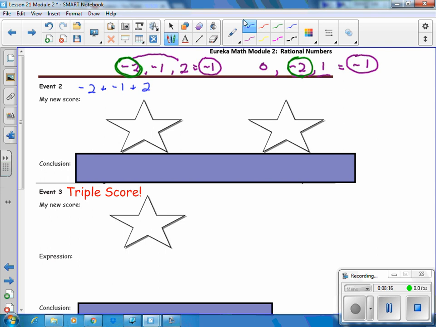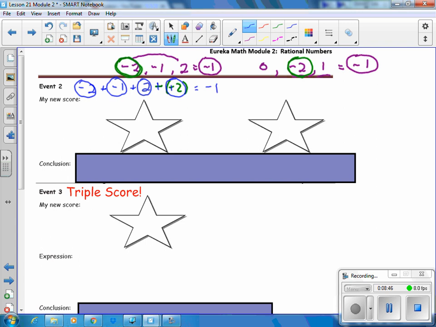Now we're going to discard, so that's subtracting, and we're going to discard a -2. Now, subtracting the negative is the same as adding a positive. So let's calculate your new score. We have a -2 and a +2, that equals 0, and a -1 and a +2 equals a -1.